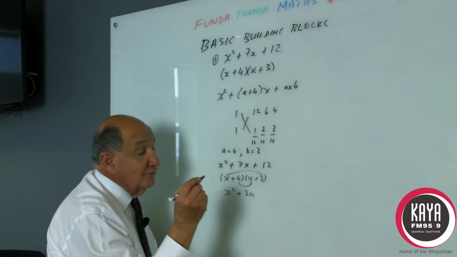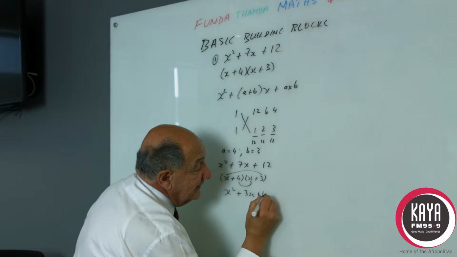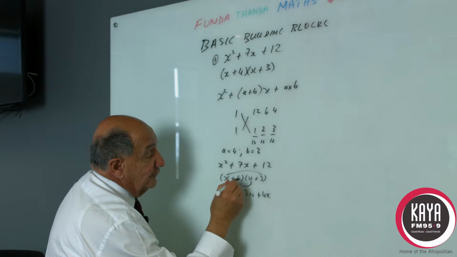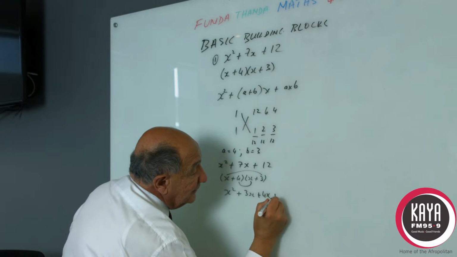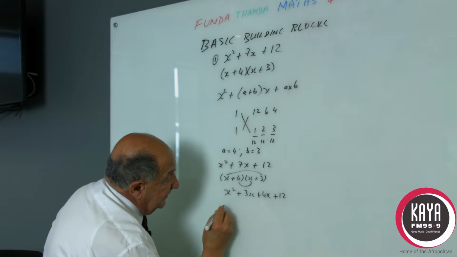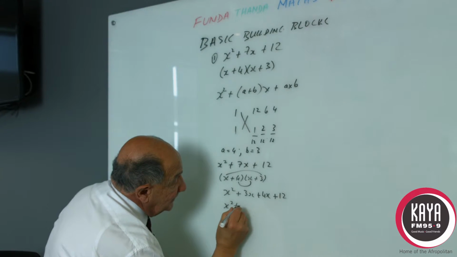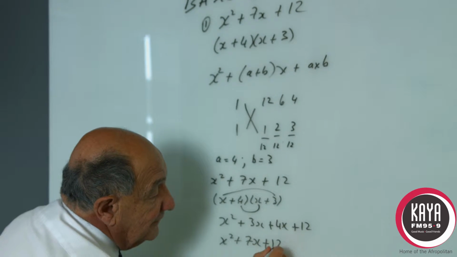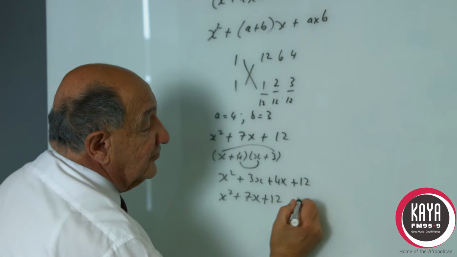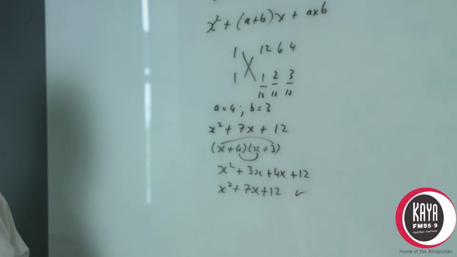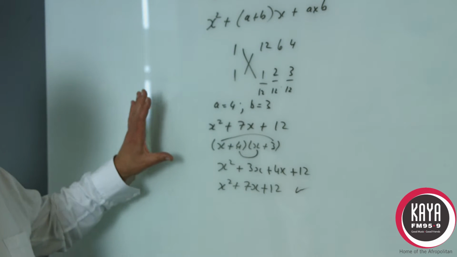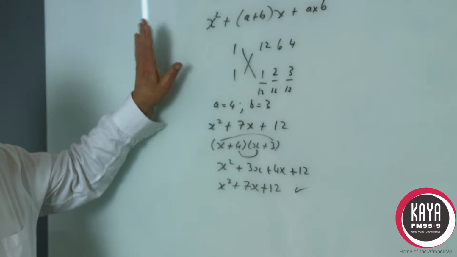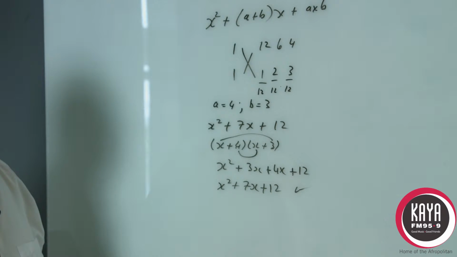X times 4 is plus 4x. And 4 times 3 is 12. And therefore we have x squared plus 7x plus 12, which is a cross-check, and therefore a correct result of solving this particular trinomial.